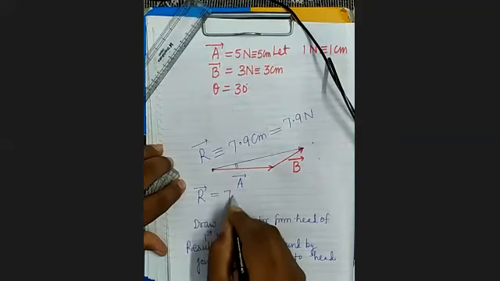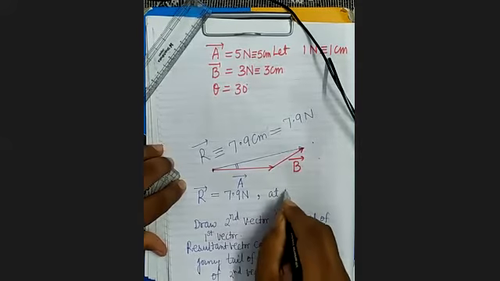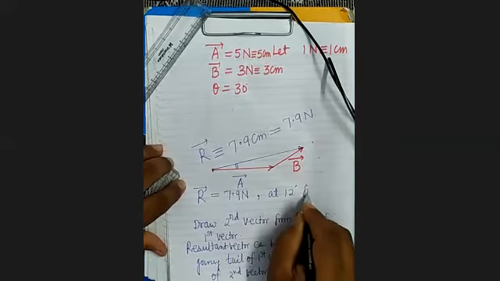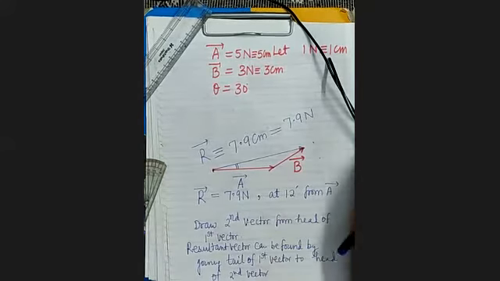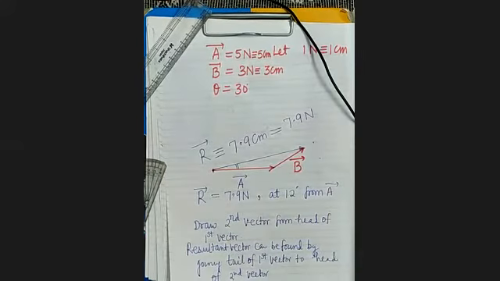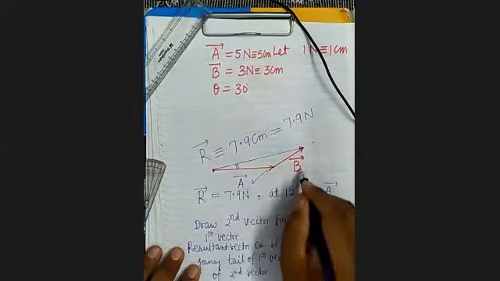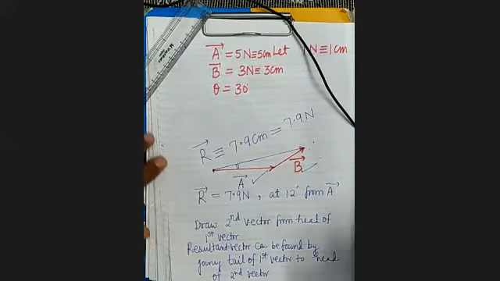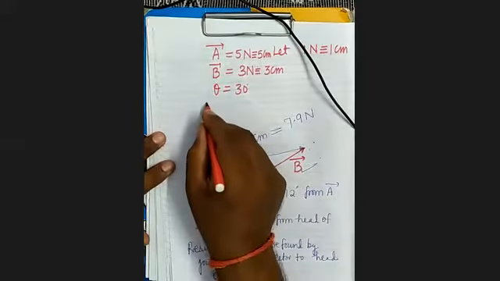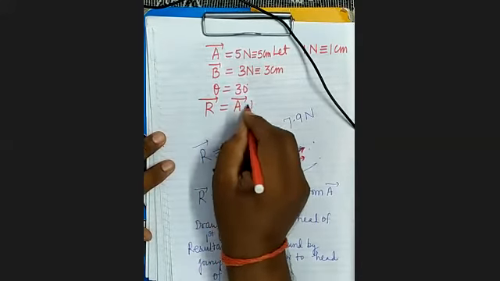It is 7.9 Newton at 12 degree from vector A. This will be the resultant. Means what will be the combined effect of this and this? It will be this. Symbolically, how will you write? We will write it as vector R equals vector A plus vector B.